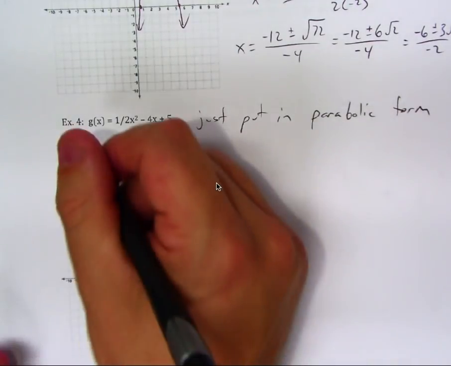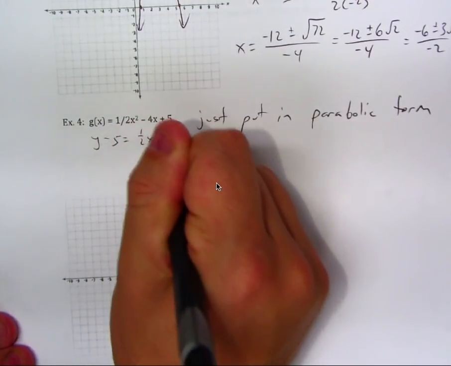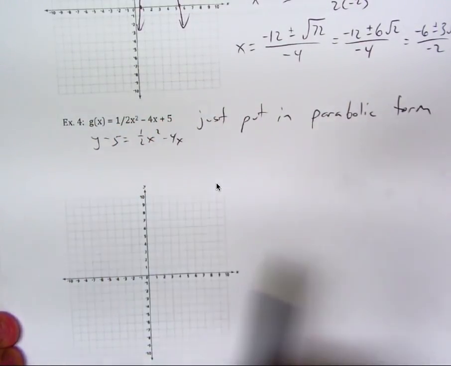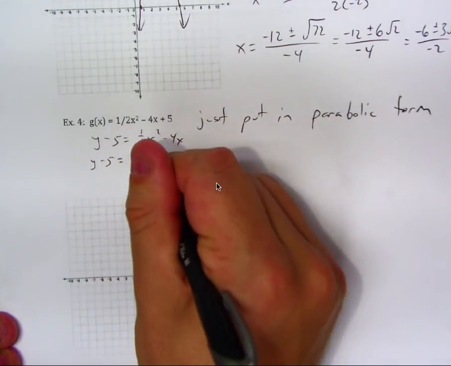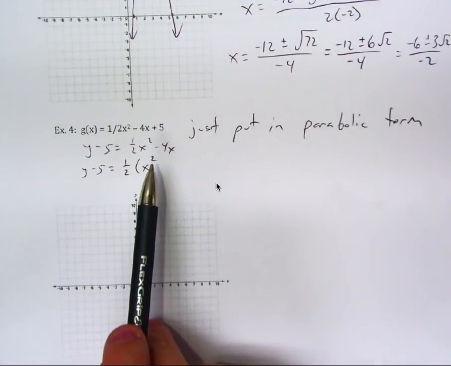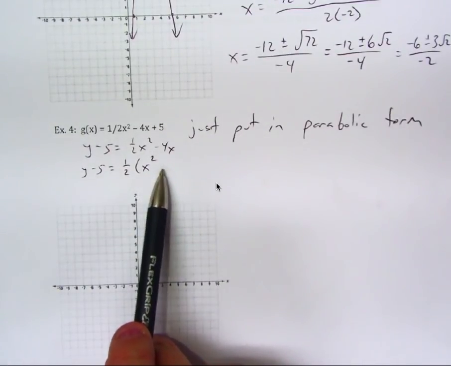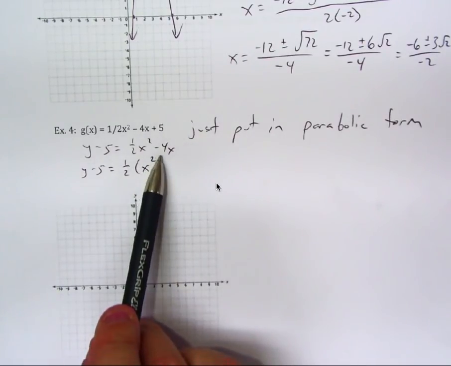Okay, so let's see. We should have subtracted 5. Factor out the 1/2. Now here's where you need to be very careful. If you factor out the 1/2, the most common wrong thing students do is right here they put minus 2x. But when you factor out a 1/2, you're not taking half of 4.